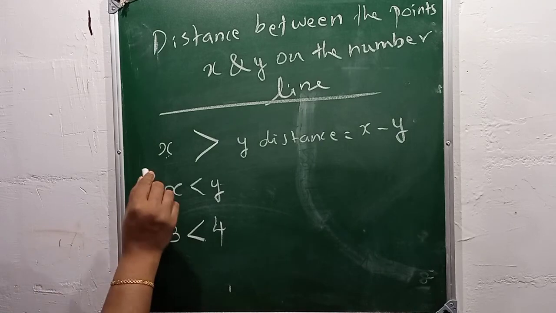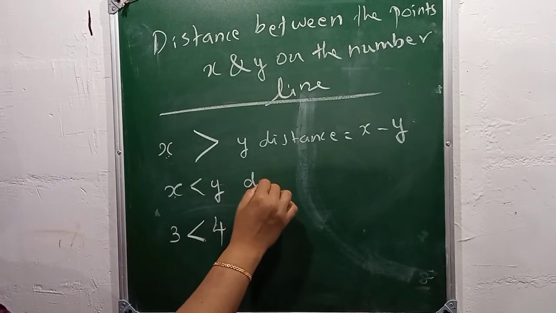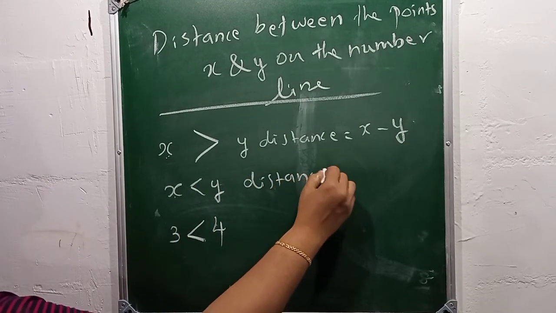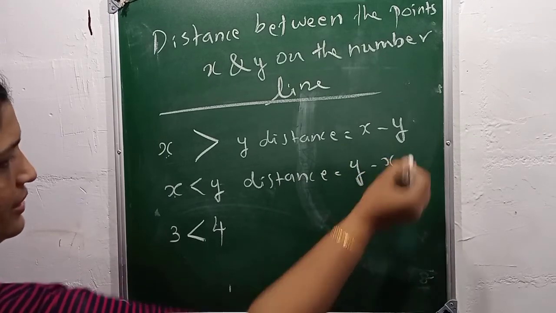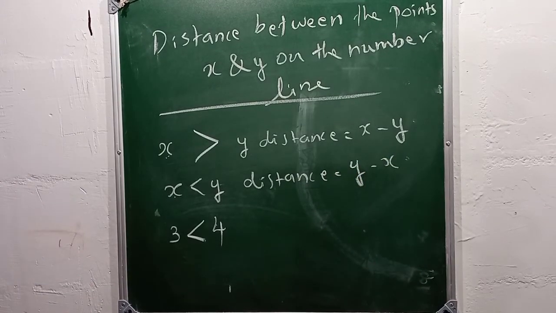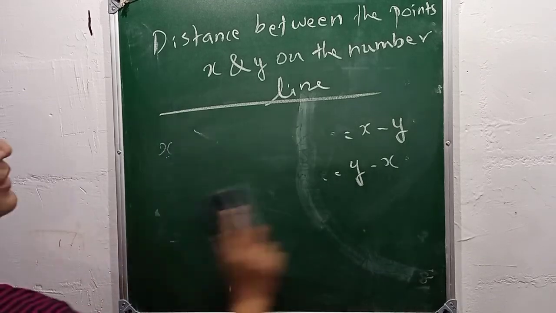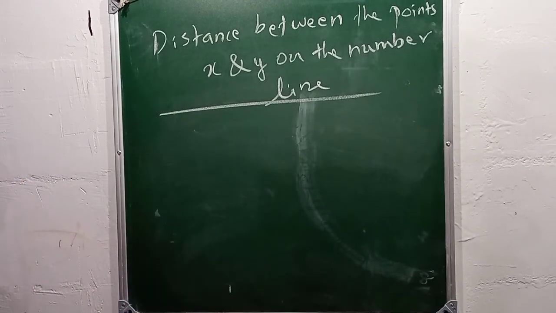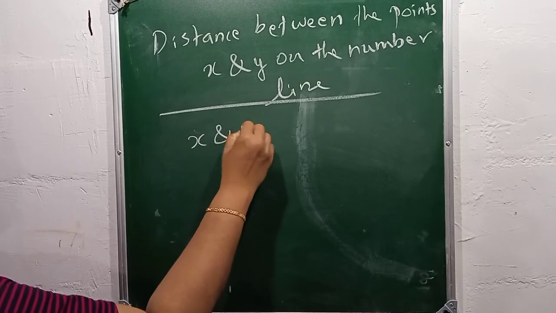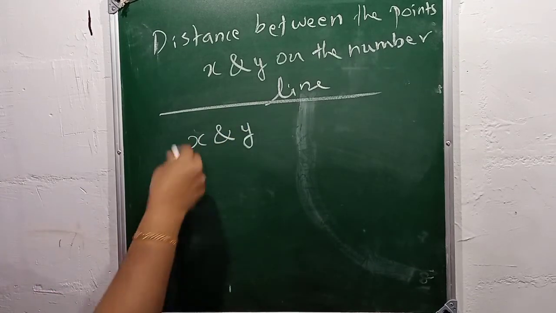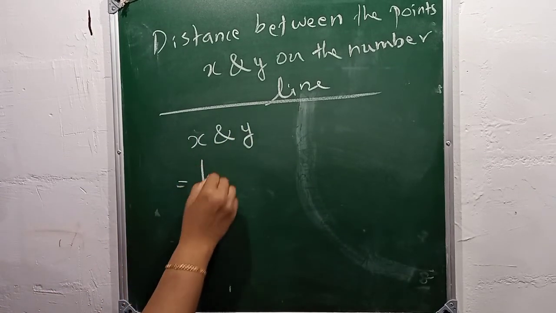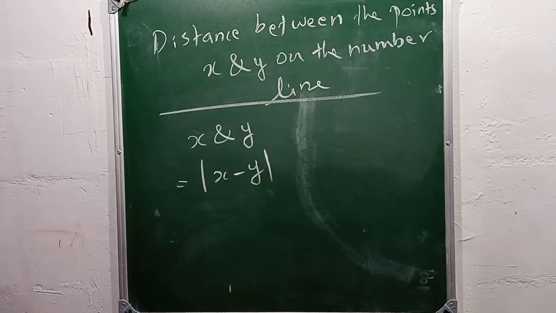So if x is less than y, then the distance is equal to y minus x. So whichever is the bigger one, we subtract the smaller one from that. We can say that the distance between the points x and y is equal to modulus of x minus y.